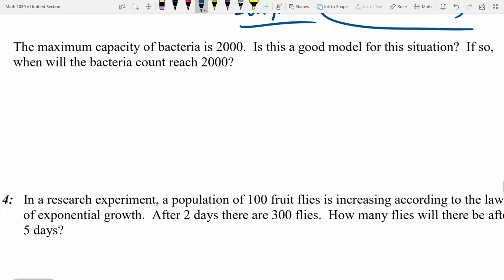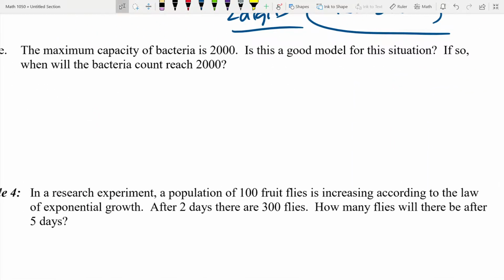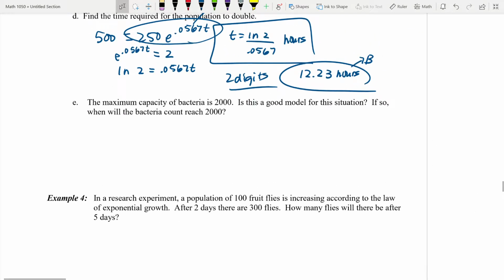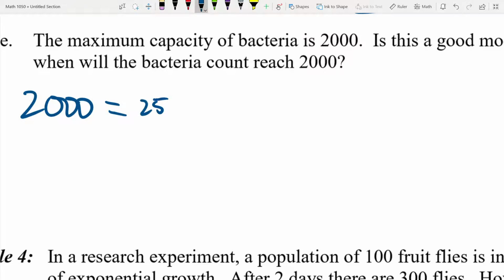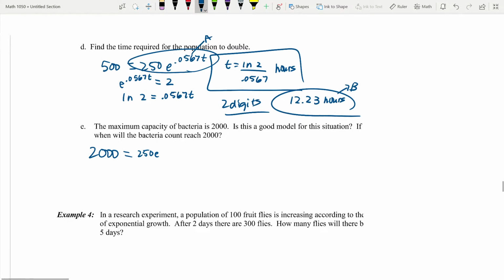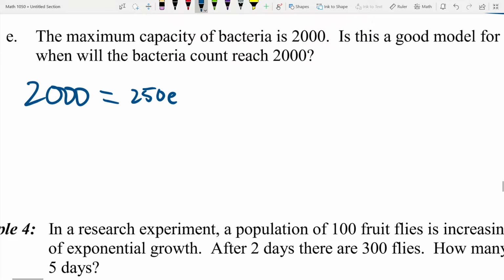Question C. The maximum capacity of bacteria is 2,000. Is this a good model for this situation? If so, when will the bacteria count reach 2,000? Let's just put it in and see what happens, and then we'll analyze the information. So 2,000 is what I'm going to put there, and then I have 250 e to the 0.0567 t.